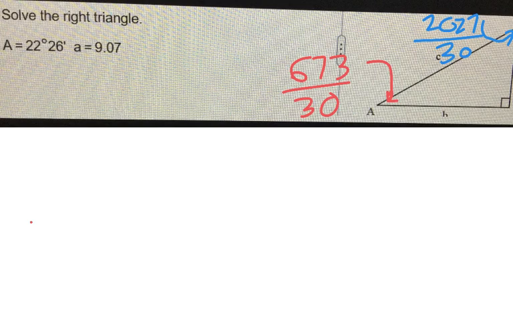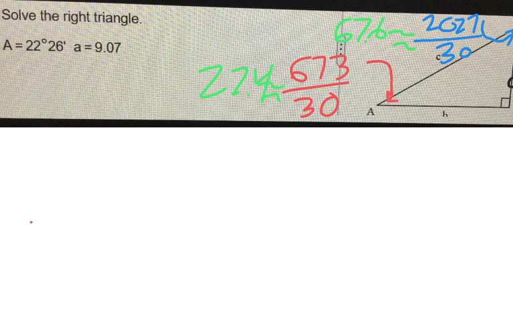Again, I don't know what your answer choices look like. So let's see. I'm going to put here, this is about 67.6. This one is about 22.4. Terrible. Okay. Now we also know that side length A is 9.07.